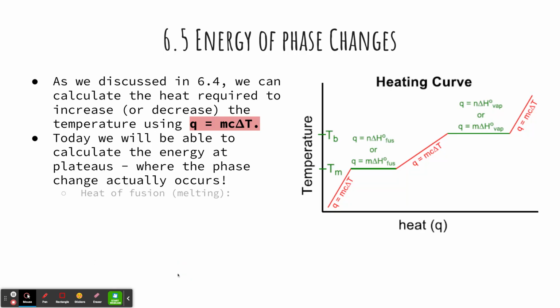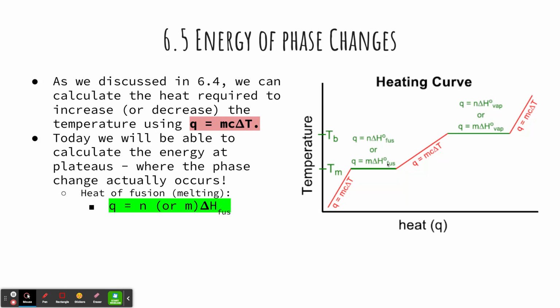So to do so, guys, we can find the heat of fusion, which is its melting. This is when the substance would undergo the melting phase change using Q equals the number of moles times the enthalpy of fusion, that's delta H, or the heat of fusion is equal to the mass times the enthalpy of fusion.